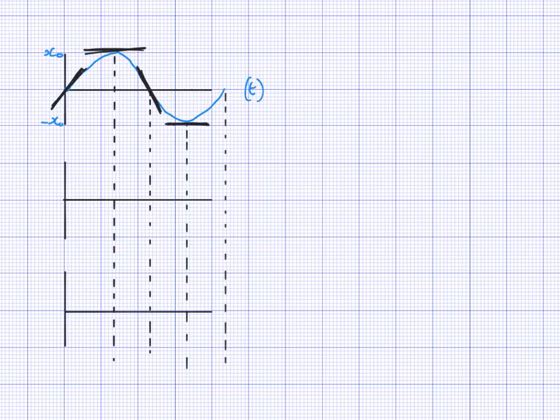Time is fine to describe it, but we could also talk about it as omega t, because time will be proportional to the change in the angle. And then let's just think about what this means at this point here. This dot here represents half of the circle.